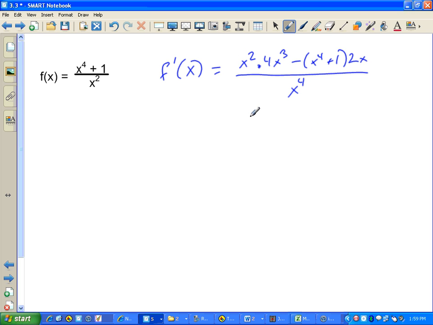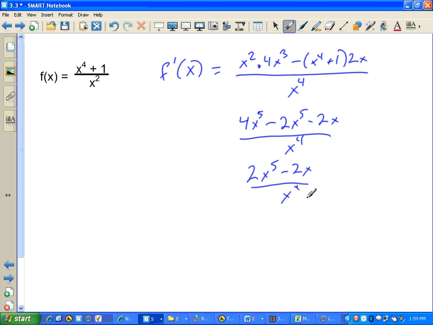We can simplify a little bit here. So I have 4x to the 5th minus 2x to the 5th minus 2x over x to the 4th. Subtract these to get 2x to the 5th minus 2x over x to the 4th.